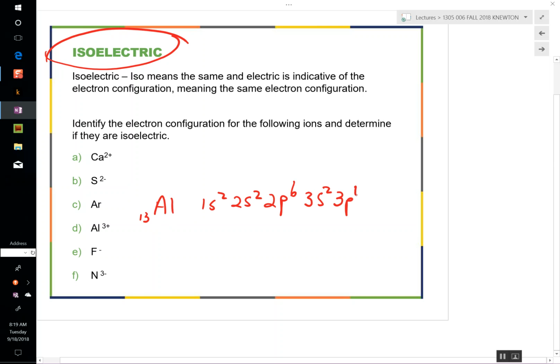So how many valence electrons does aluminum have? 3. And it's in the 3A. If you look on your periodic table, it says 3A, it says 13 and 3A at the top. Its main group column number is 3A, and that corresponds to the number of valence electrons.